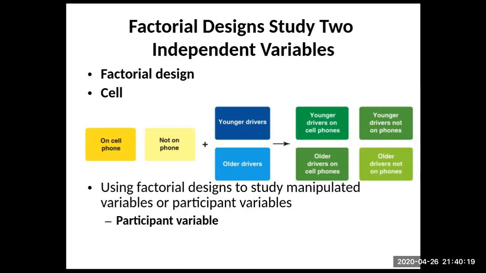So we can use factorial designs to study manipulated variables, or we can study what we call participant variables. So what is a participant variable? A participant variable is something that we can't randomly assign into a group. So to give you examples of this, a participant variable could be gender, male versus female.